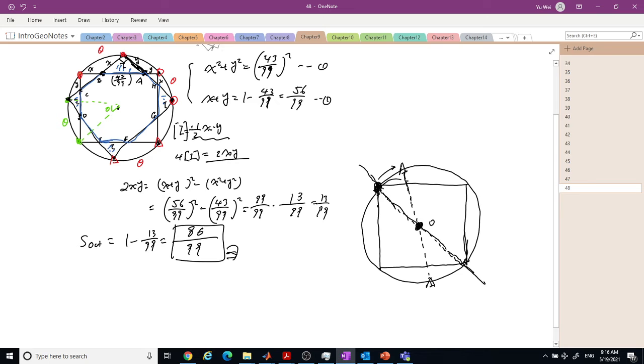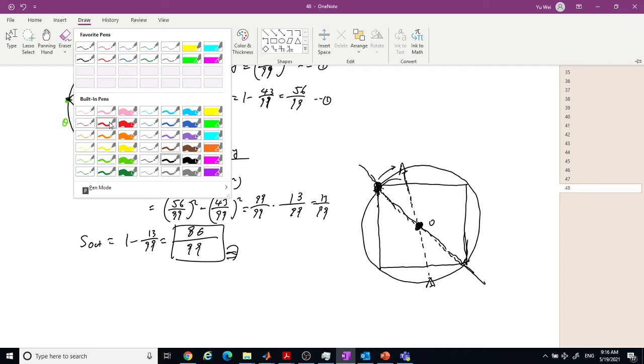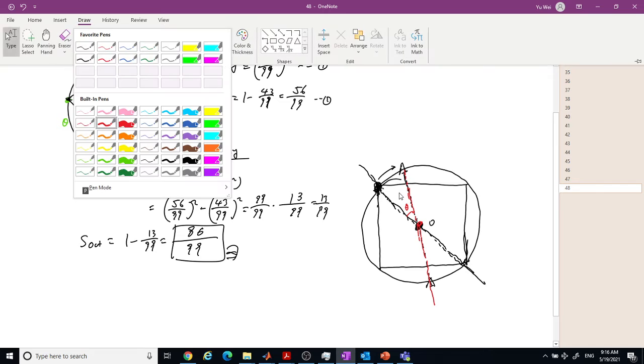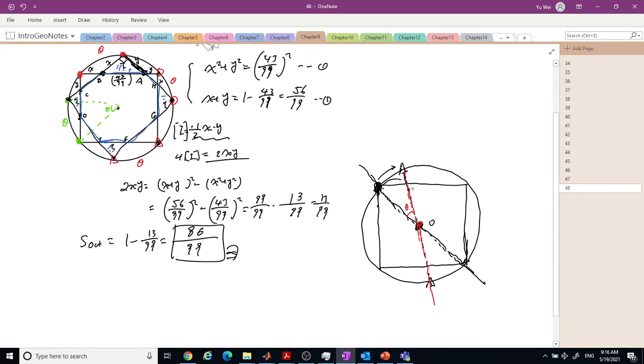Let me use a different color. Before is the black; now this one rotates to the red. You know this angle is theta, so this is the rotation center with the rotation. But you can also see that, in order to go from the black line to the red line, there is also a reflection center.